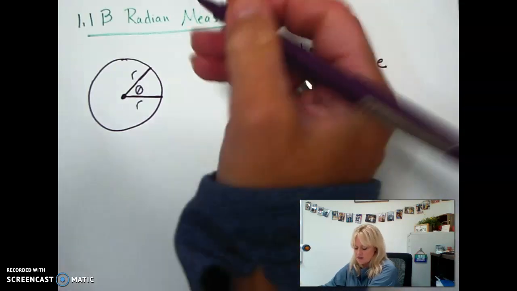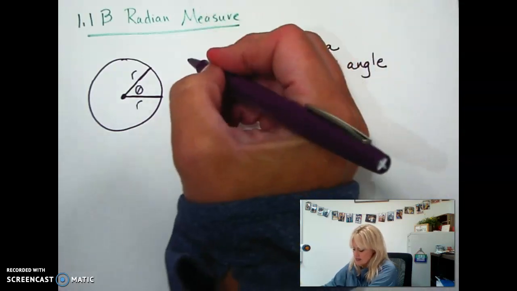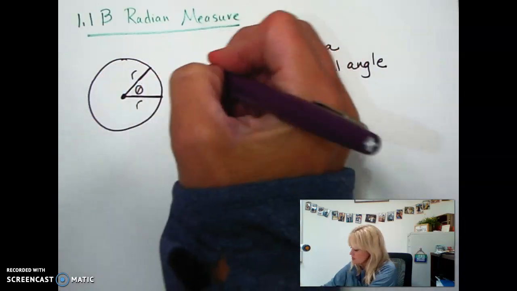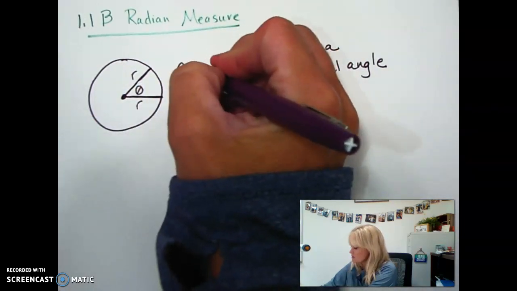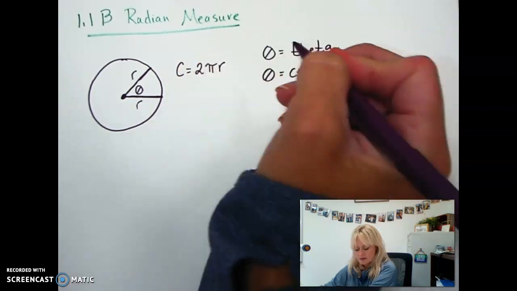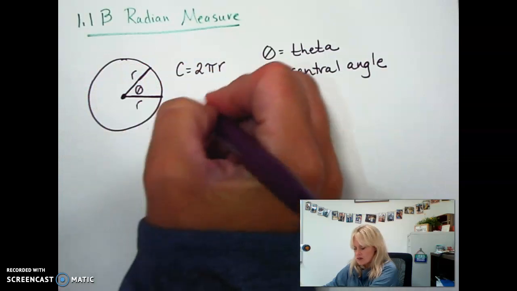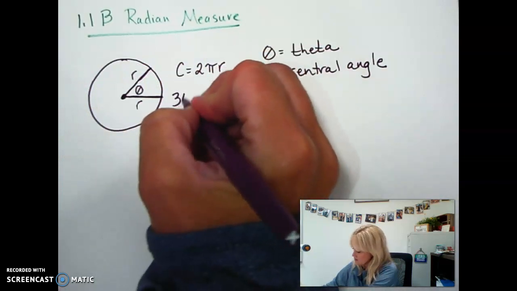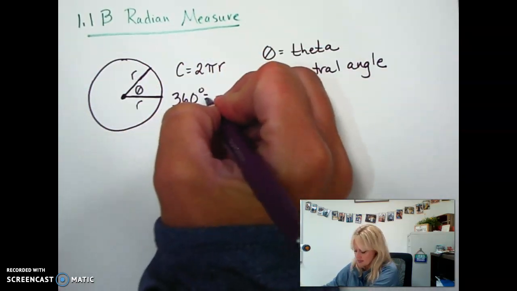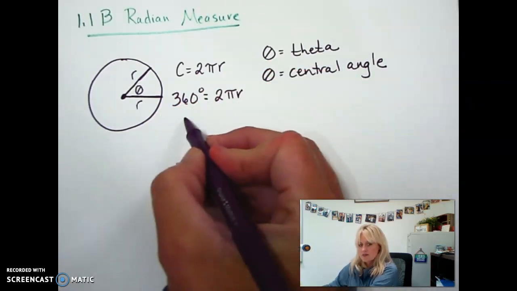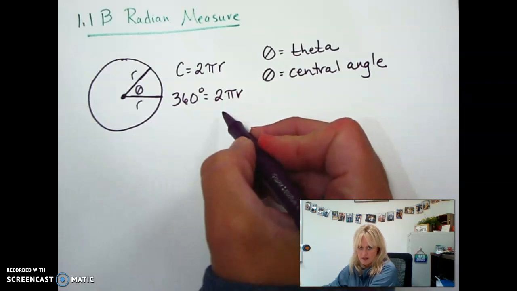If we say that this is the circumference of the circle, circumference, if you remember from geometry, is 2 pi r. Therefore, the degrees all the way around is 360 degrees, which is the same as 2 pi r. So this is degrees, and this is what we call radians.